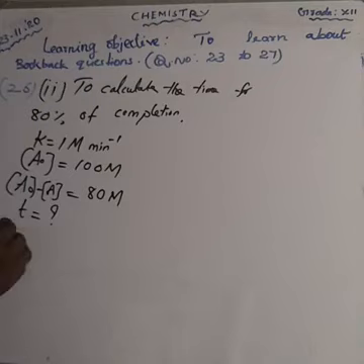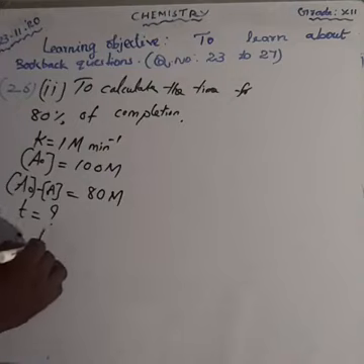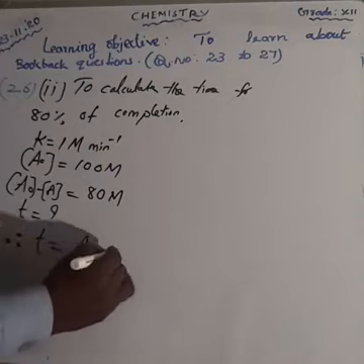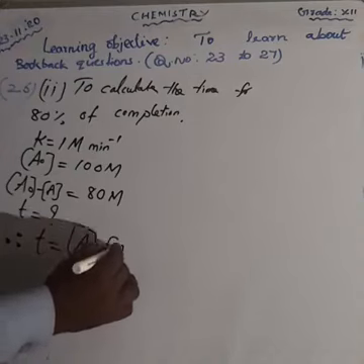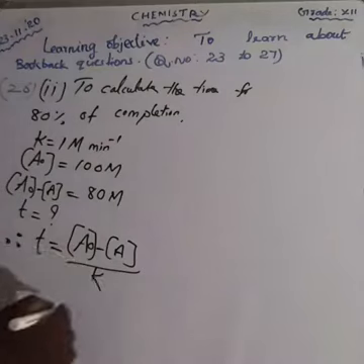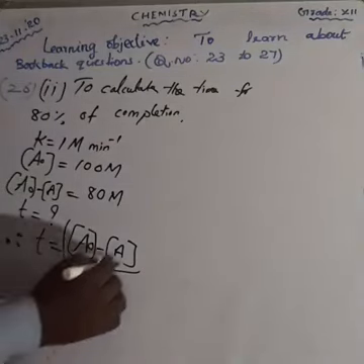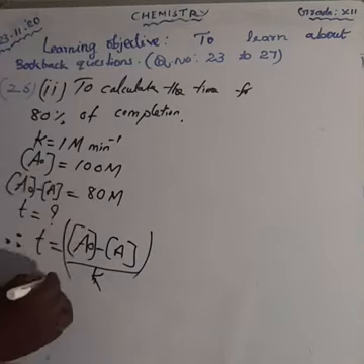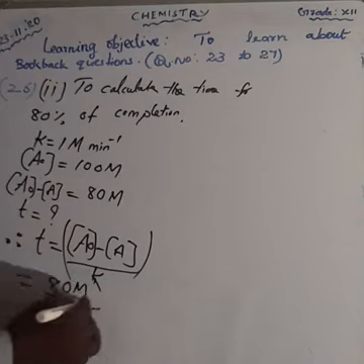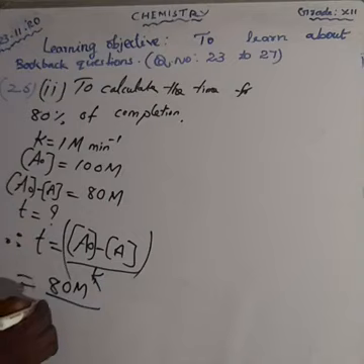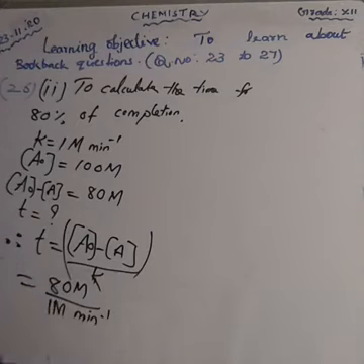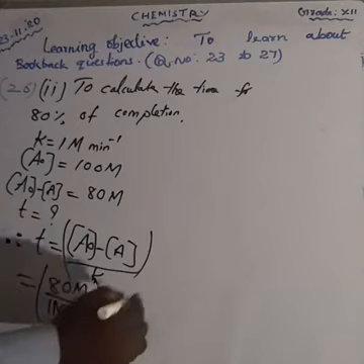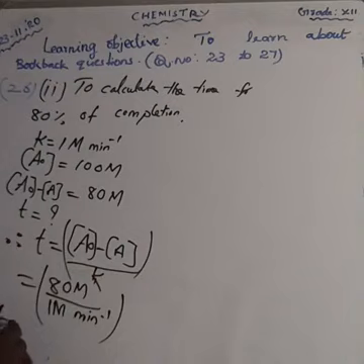We know the formula: T is equal to A naught minus A divided by K. A naught minus A is equal to 80, divided by K, which is 1 minute inverse. So T is equal to 80 minutes.